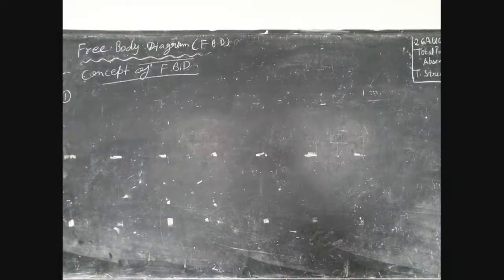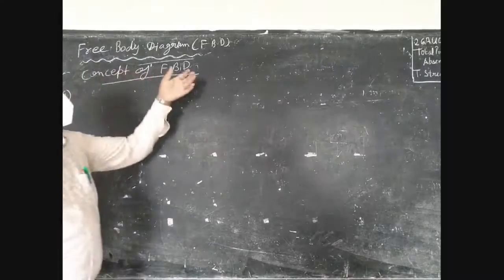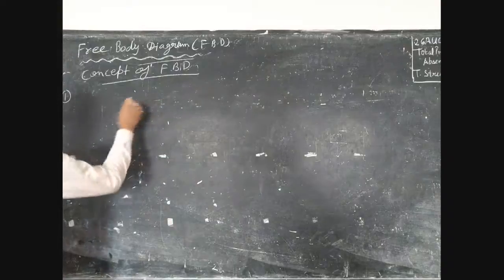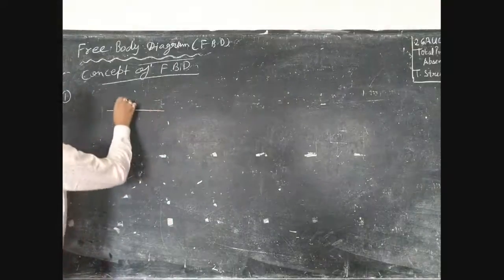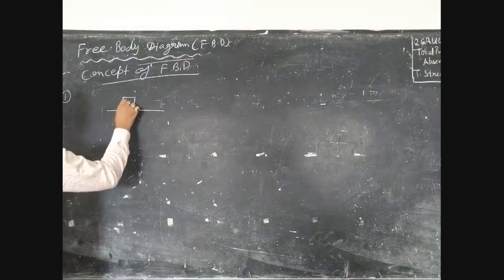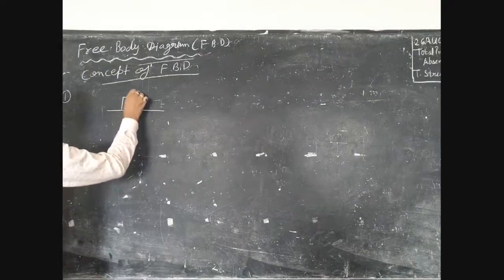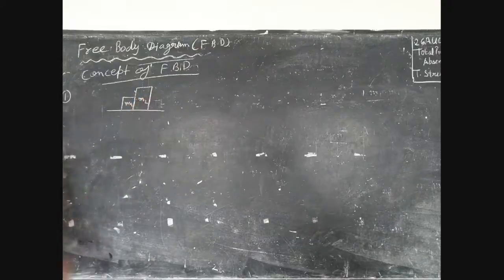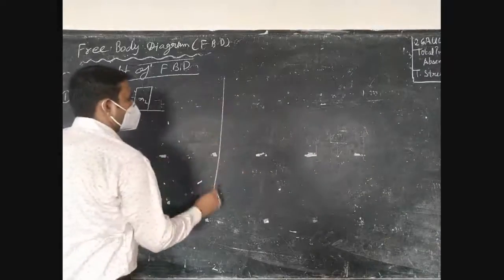Now, the free body diagram we just understood for the two blocks. Let's say the two blocks, one of mass m1 and one of mass m2, are supported one after another in contact. This is the first case.